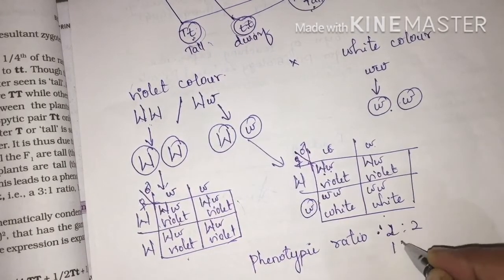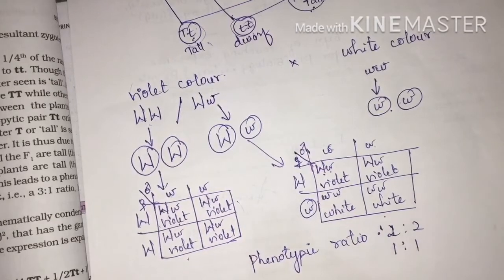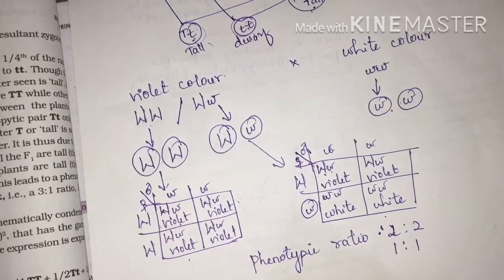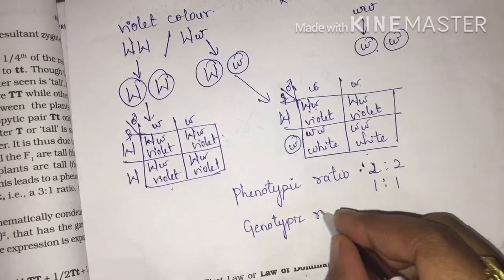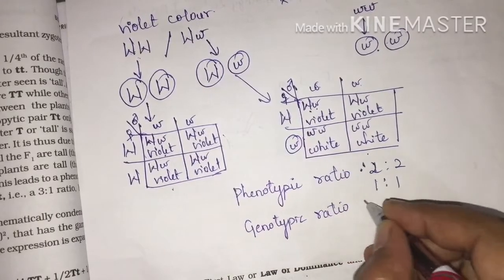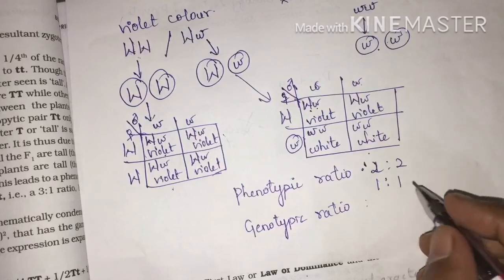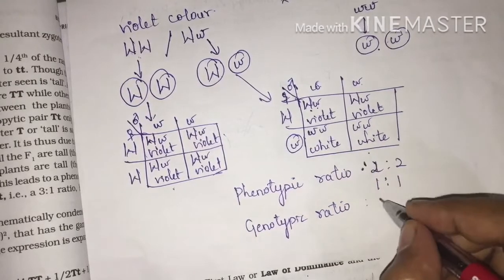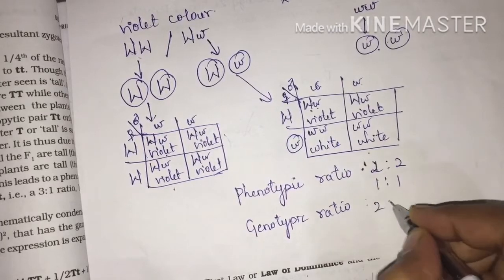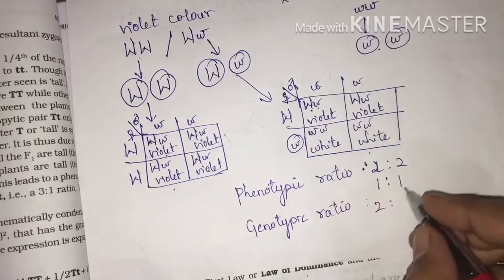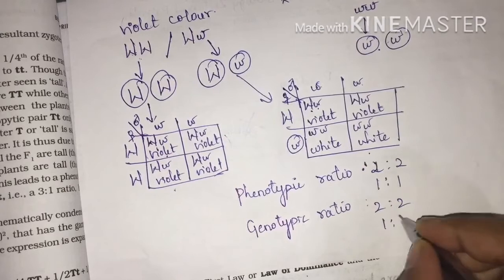In place of that we can give it as 1:1 also. Now the genotypic ratio, how are you going to write? It is again 2:2, capital W small w we have 2, and small w small w we have 2, so 2:2 we can write as 1:1.